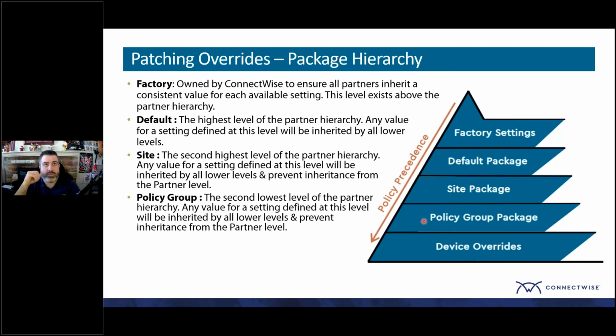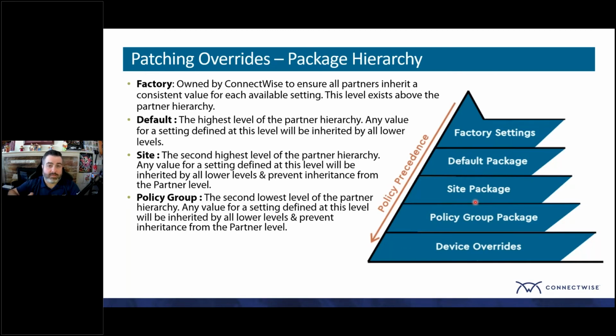So if I have 3 clients and one client has 2 servers, another client has 5 workstations, and another client has 4 machines, that I want to change something in the patching policy and deliver a different package to them, I can create a policy group that will then search out, grab those machines, put them into the policy group, and then I can apply that particular patching policy to those machines out of those different sites.